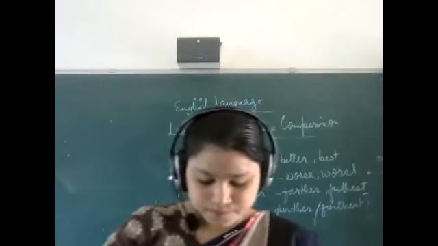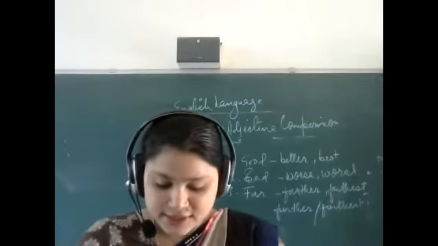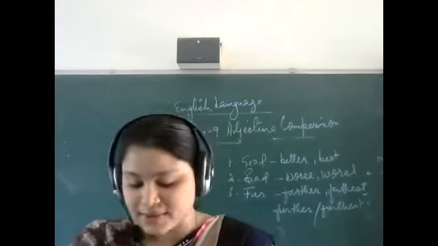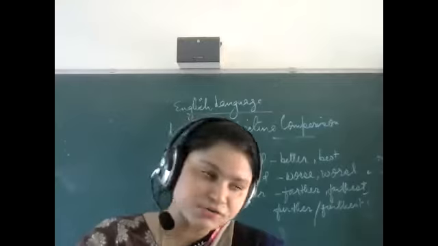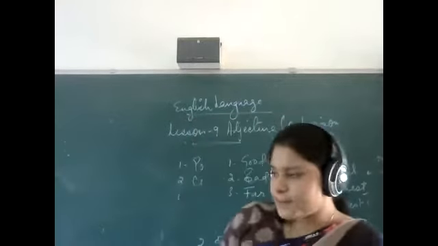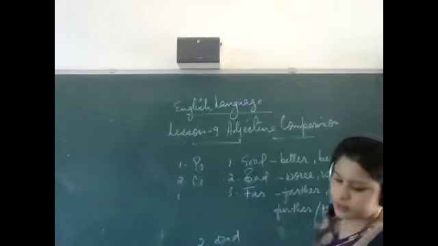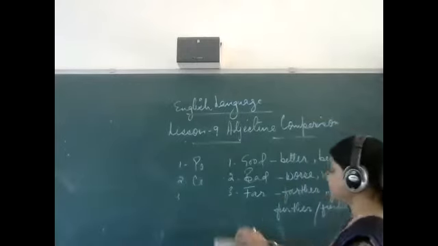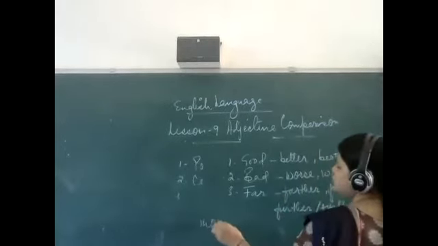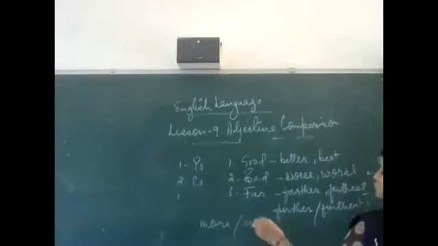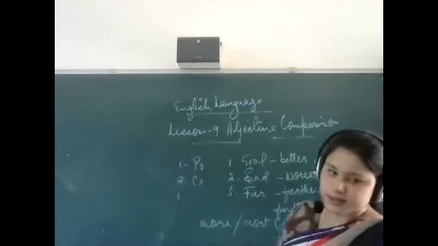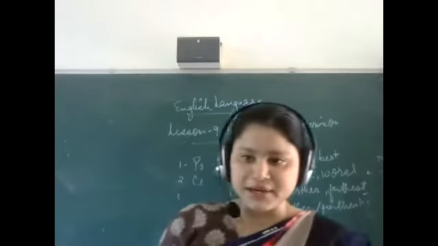Now, adjectives that take more or less to build their comparative forms, and the most or the least to build their superlative. I told you yesterday when we use more and most. More is used for comparative and most for superlative, and the article the will come for the superlative degree.